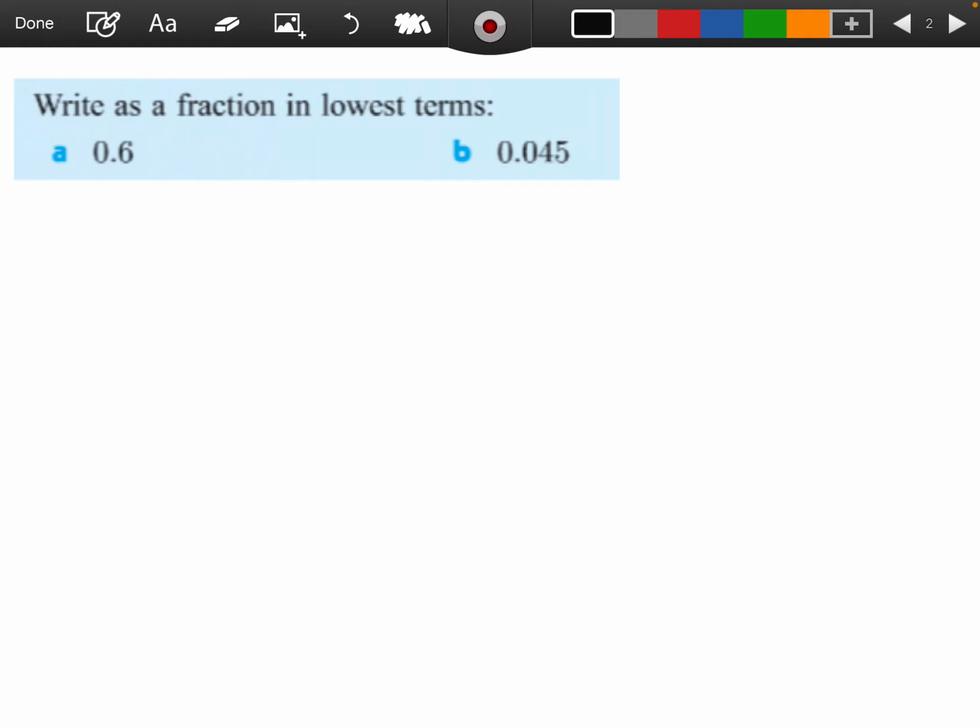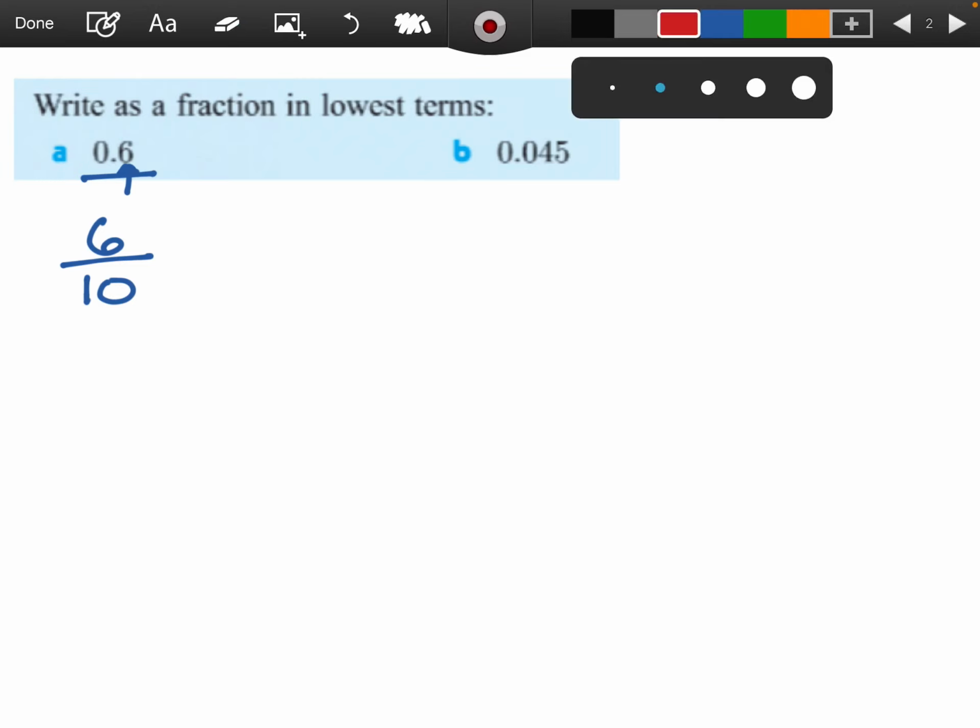So write these as a fraction in lowest terms. Okay, so first step, we need to read this number properly. This number has a single place after the decimal, so that's the tenths place. So this is 6 tenths. And then we look for what we can divide both of those numbers by in order to reduce it, a common factor, and we do. 6 and 10 are both divisible by 2.